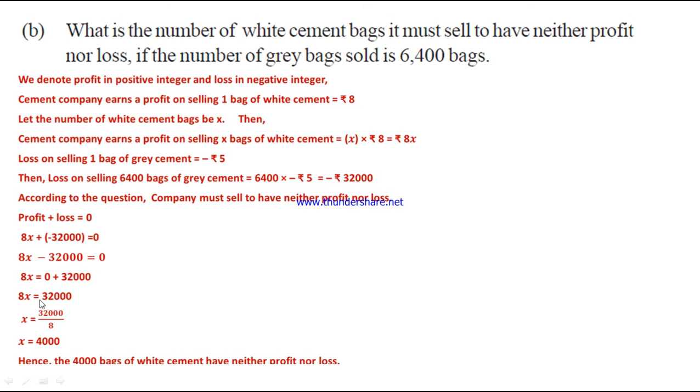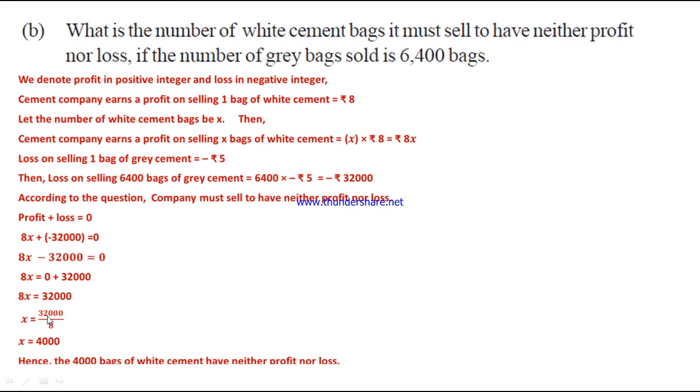What remains? x only. x equals 32,000 divided by 8. Transposition means plus becomes minus, minus becomes plus, multiplication becomes division, and division becomes multiplication.